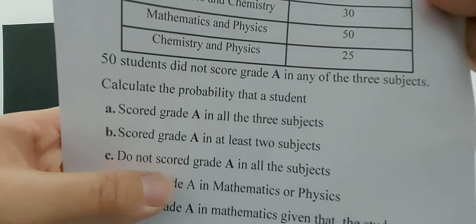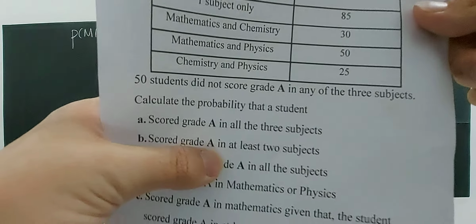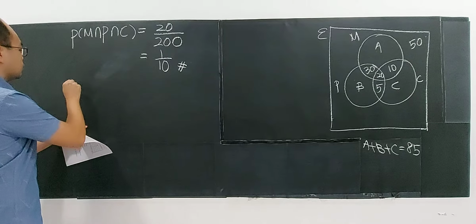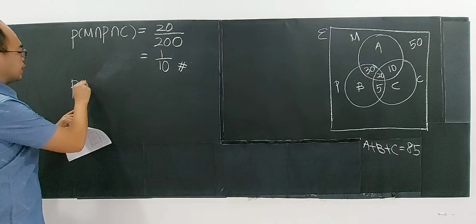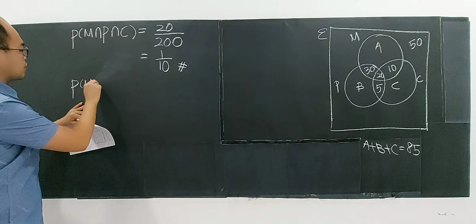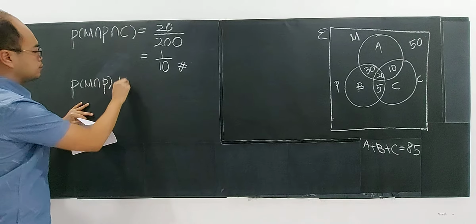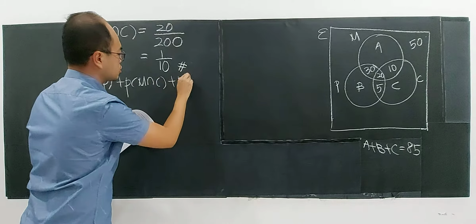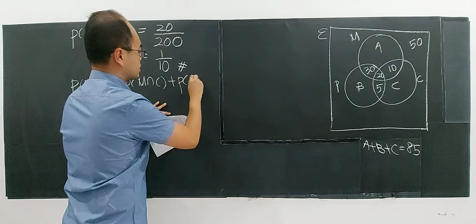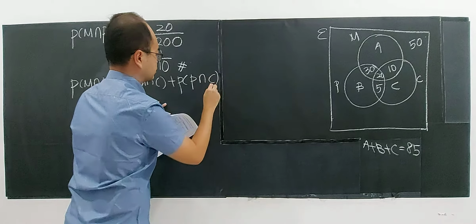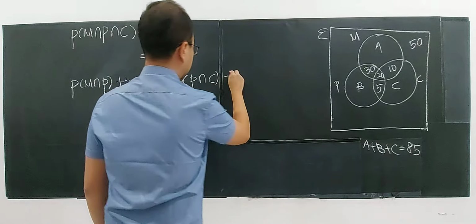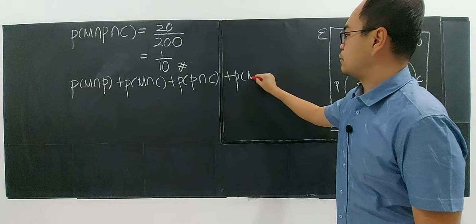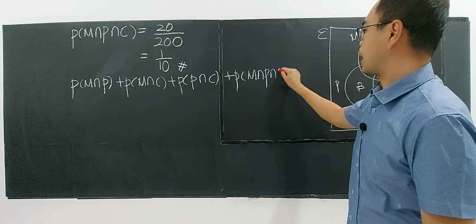It can be score in mathematics and physics, or maybe mathematics and chemistry, or maybe physics and chemistry, or maybe score in all 3 of the subjects: mathematics, physics, chemistry.